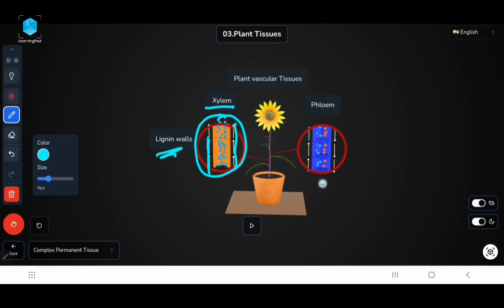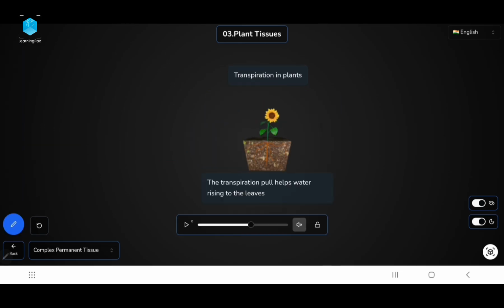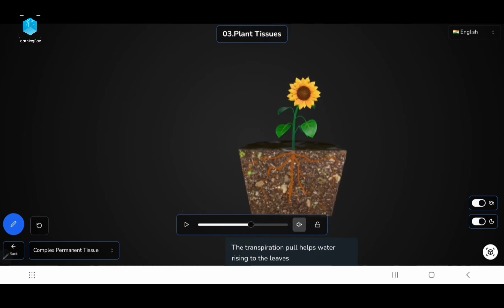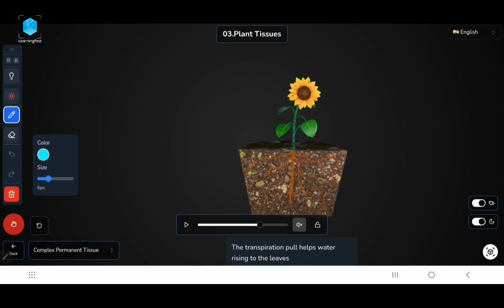So phloem helps in translocation, which is the movement of food to different parts of the plant, whereas xylem helps in transpiration pull. In this picture you can see the movement of water molecules in the plant. The dots show water molecules moving up from the roots.